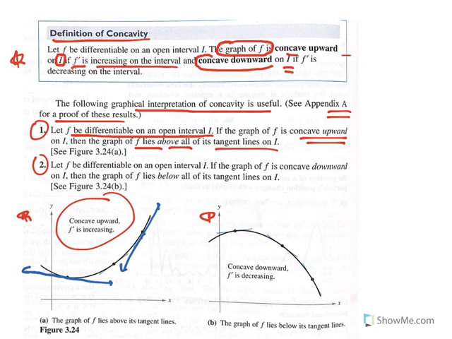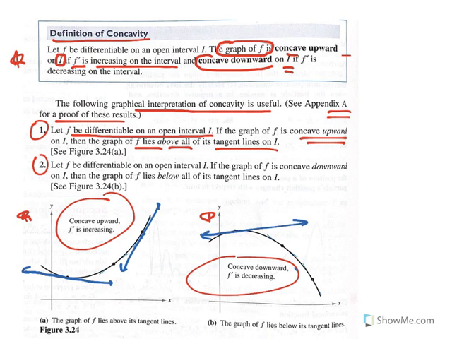Now, number 2: let f be differentiable on an open interval I. If the graph of f is concave downward on the interval, the graph of f lies below all of its tangent lines on the interval.